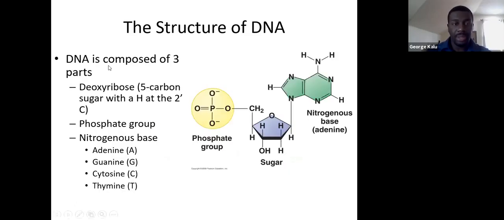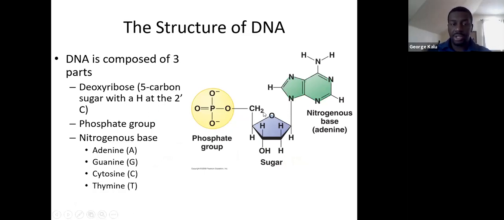When we're looking at DNA, we're going to look at the structure of DNA first. DNA is going to have 3 different parts. The first part is a sugar, in this case the deoxyribose, this part here. It's a 5 carbon sugar. We have 1, 2, 3, 4, and then a 5th carbon up here, and it has a hydrogen attached to the 2' carbon.